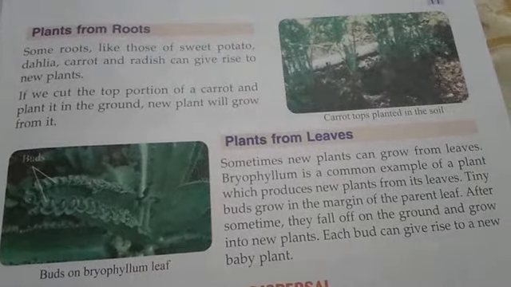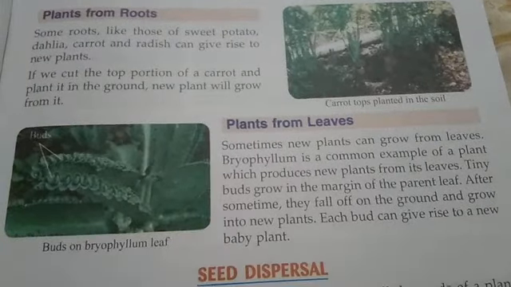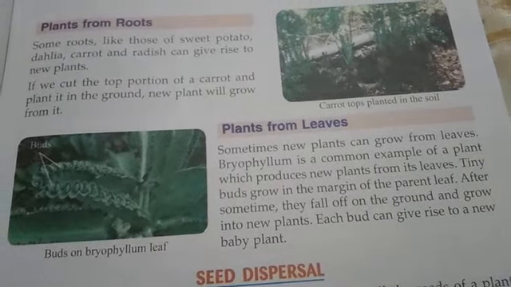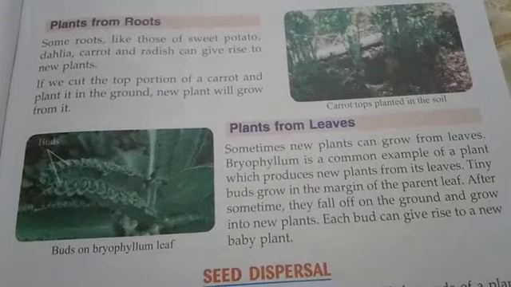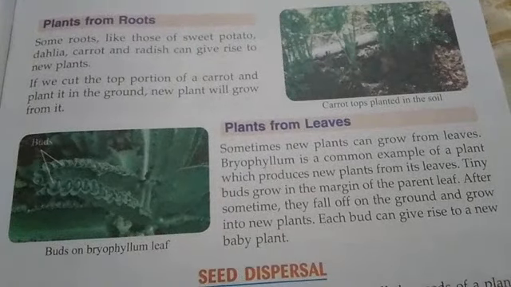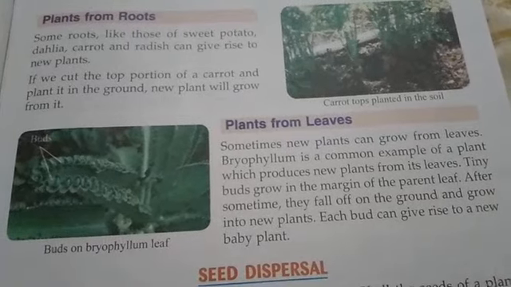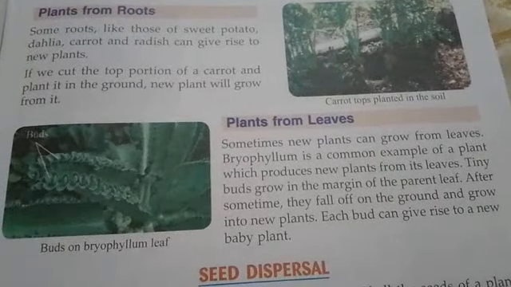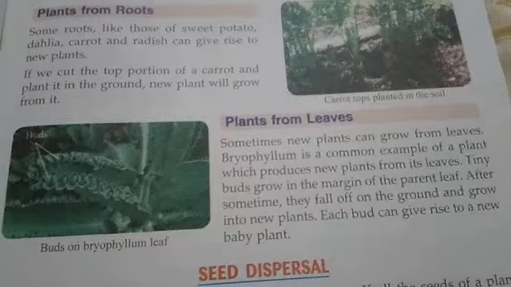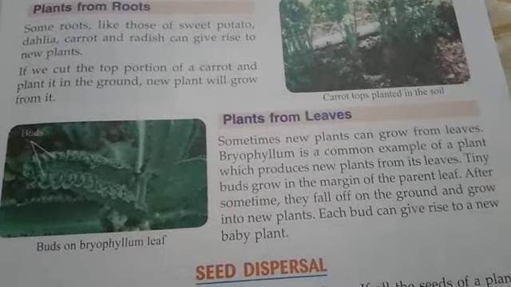I hope you understand the top portion of the carrot. You can see some leaves in the top portion of the carrot. If you cut this part and plant it in the soil, you can watch a new plant grow from it.